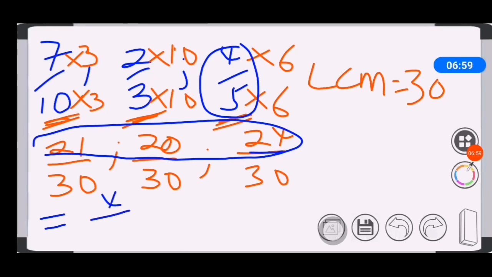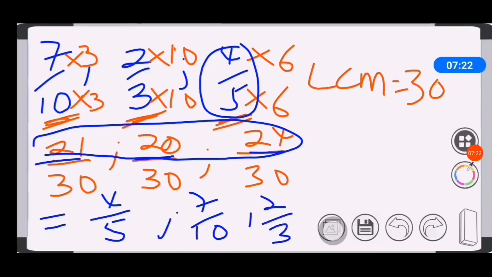So you have 4 over 5 first, because it's descending, biggest to smallest. Which one will be next? We are left with 20 and 21. We know 21 is bigger than 20. So which fraction corresponds to 21? It's 7 over 10. Then finally, 2 over 3 will come. So this is our descending order. We have arranged the fractions from the biggest to the smallest. Got it? Great.